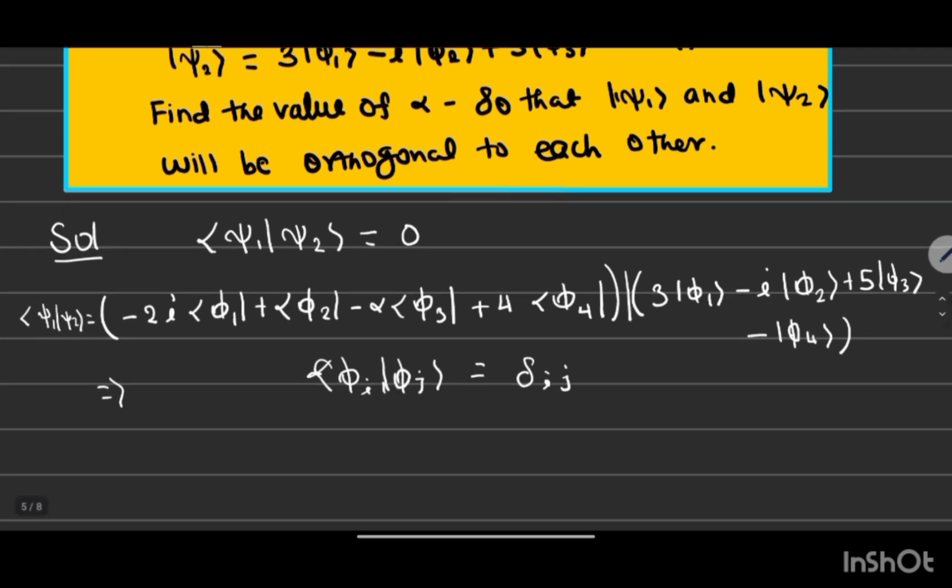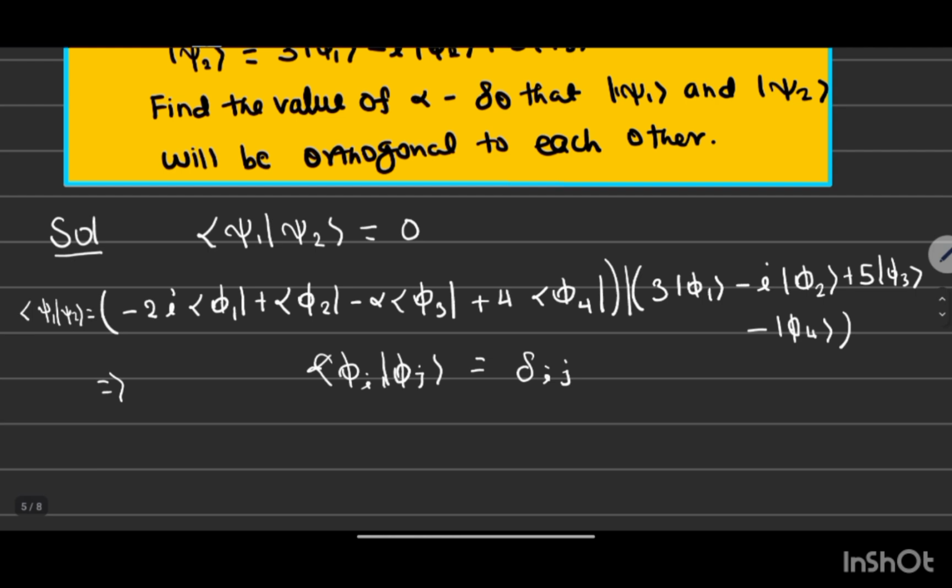So minus 2i times 3 is minus 6i, plus 1 times minus i, minus i, minus alpha times 5, so 5 alpha, and 4 times minus 1, so minus 4, that will be equal to 0.